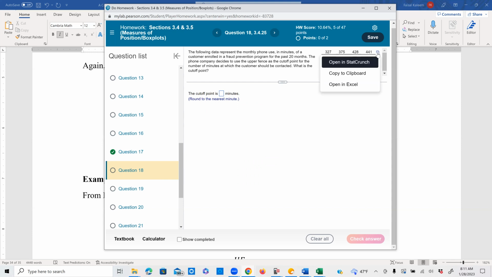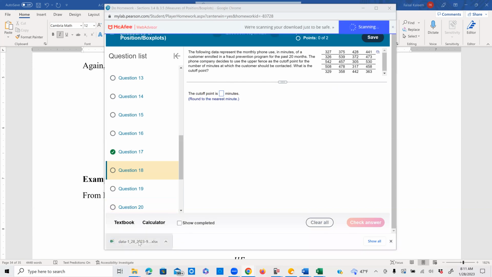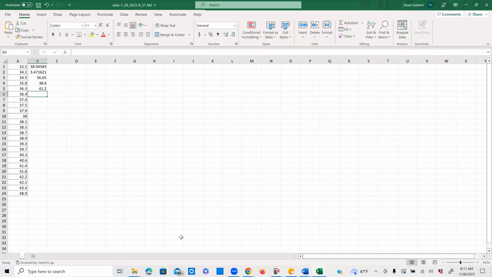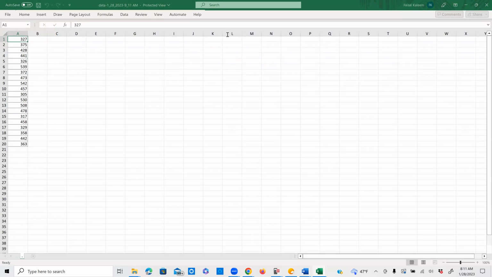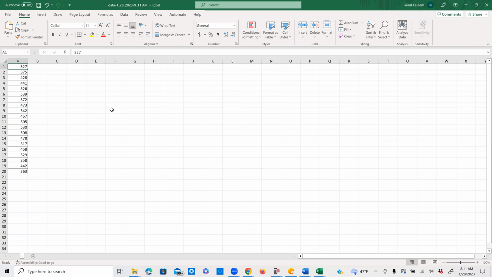So let's again open it in Excel by clicking this little window and then, okay, once again, enable editing. And we need the Q1 and the Q3. So equals quartile, and it's the first one here.